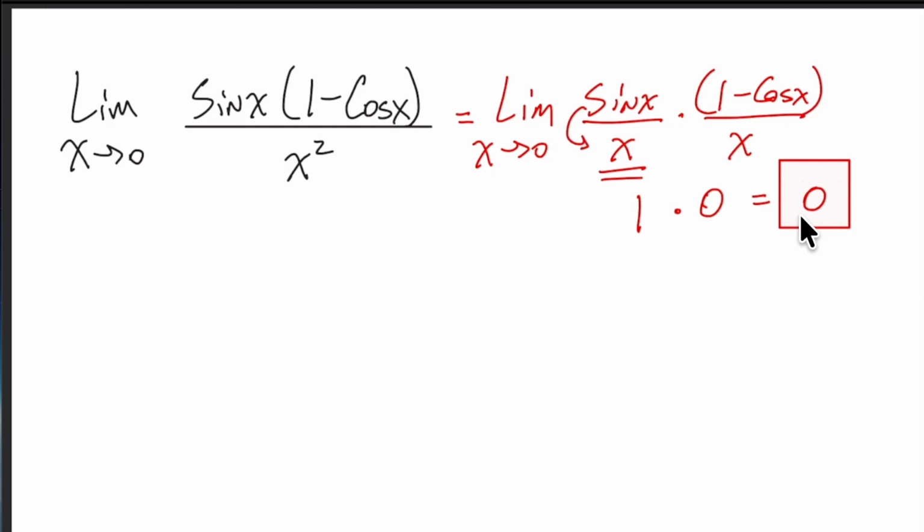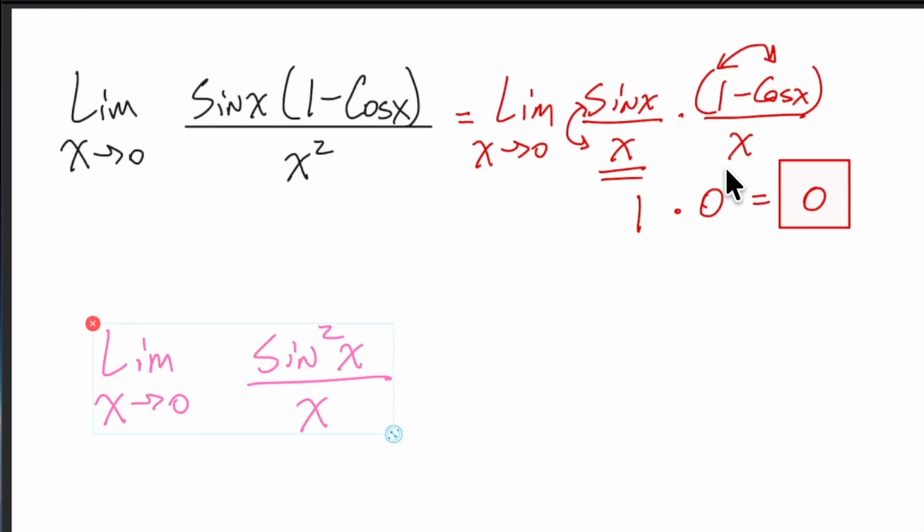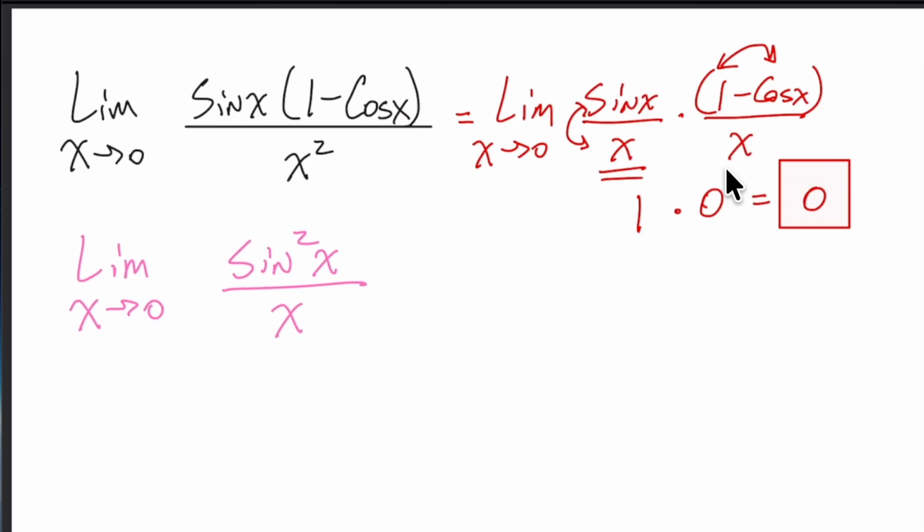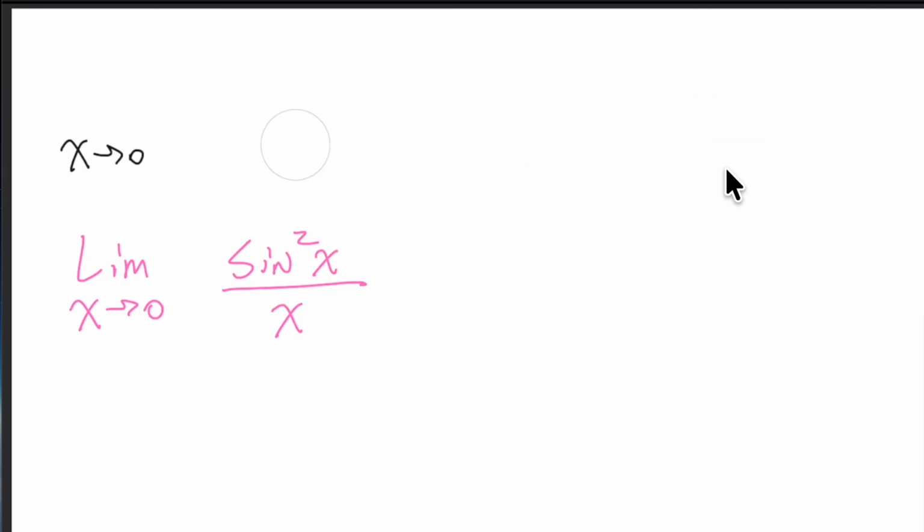Recall, we can take the reciprocal of that and it's still 1, and also we can reverse these and it's still 0. Next, we have another hidden big 5 limit here. We're going to break this up, and we're going to change this to sine of x over x times sine of x.